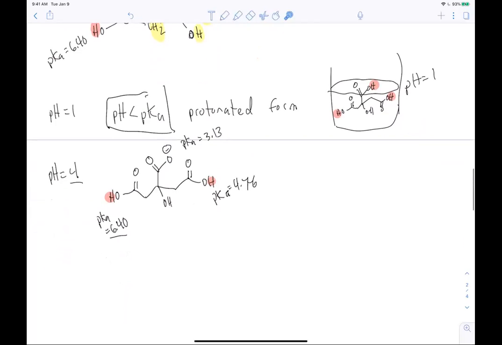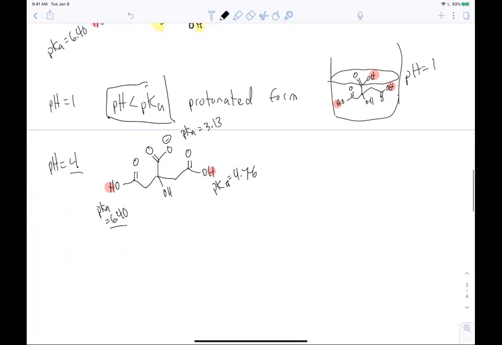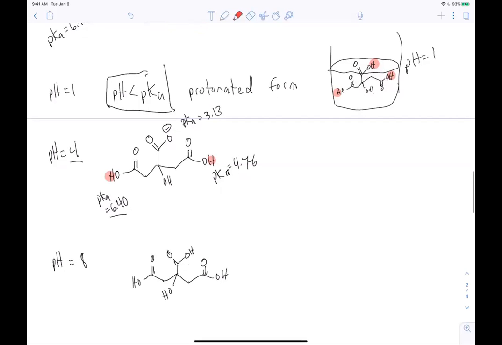If you keep raising the pH, let's say you're now at a pH of 8, what's going to be the protonation state of this molecule? Those are our 3 acidic protons.